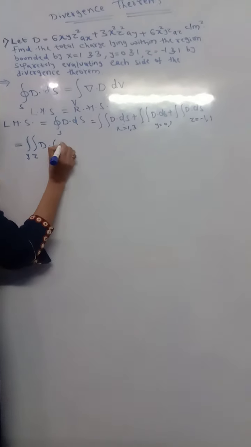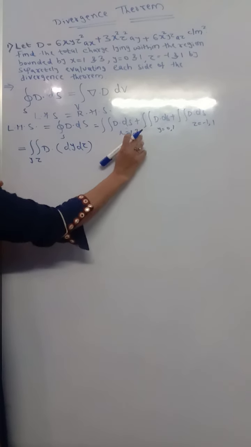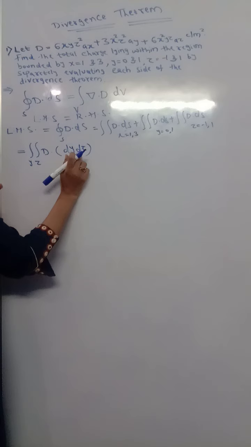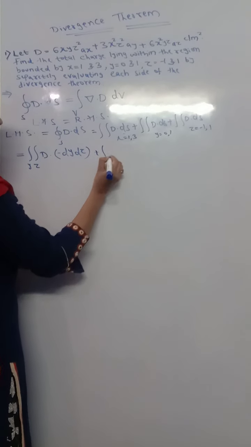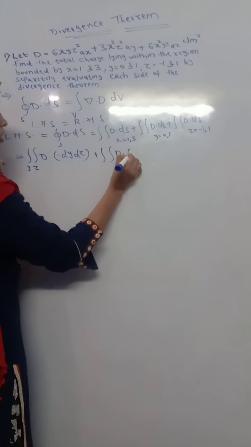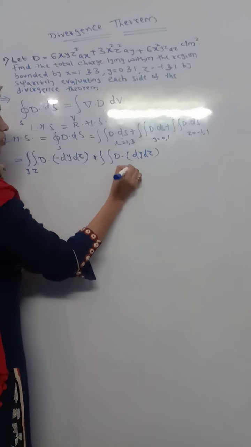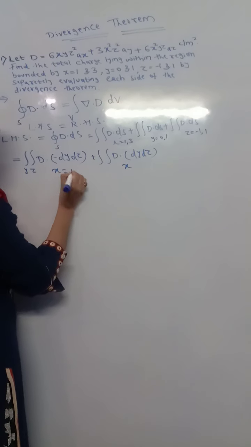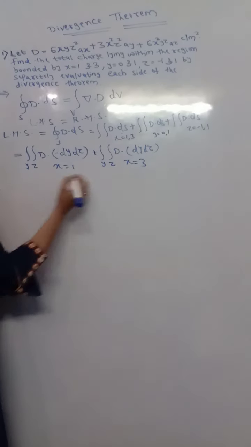So what is left? My dy dz, because I am writing the value of x here. If I get minus initially, then the second time I need to take it as positive, or vice versa. Here, if initially x is 1, then here x will be 3.